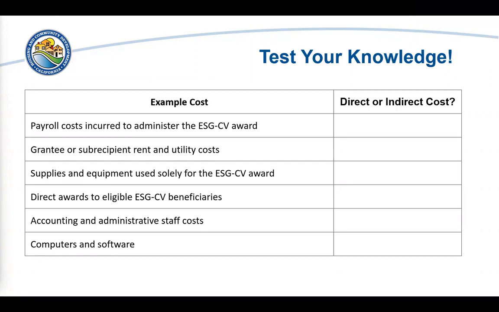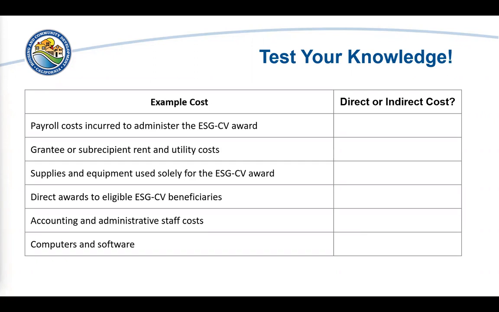Think too, as you're entering your answers, that a cost can either be direct or indirect, but never both. So you always have to pick the correct method, and that's really based off of the way that your local agency has elected to bill direct or indirect costs. It can be one or the other, but not both.